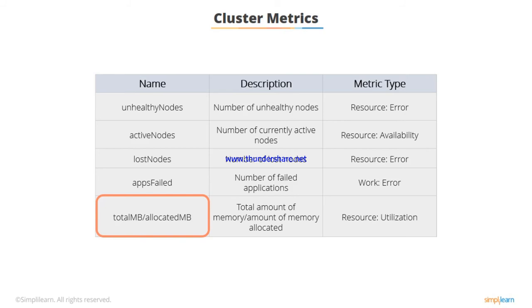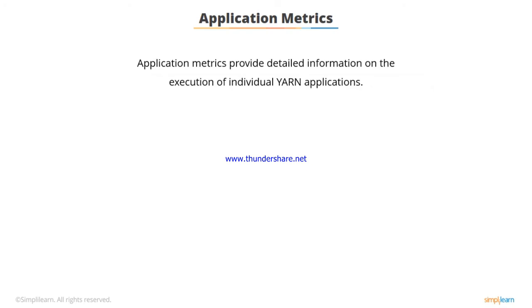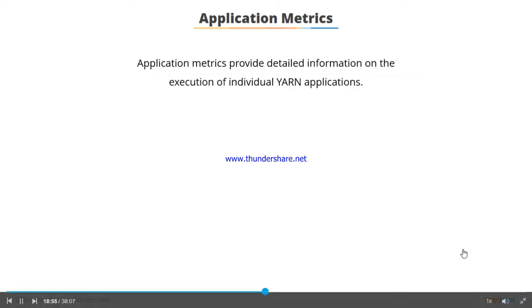To increase the memory available to your cluster, you can add new node manager nodes, tweak the amount of memory reserved for YARN applications, or change the minimum amount of RAM allocated to the containers. Keep in mind that YARN may overcommit resources, which can occasionally translate to reported values of allocated MB that are higher than total MB.